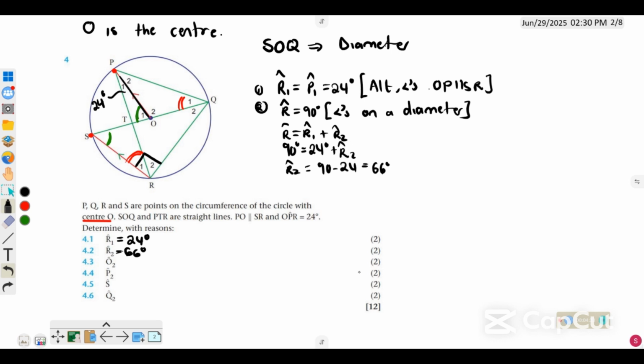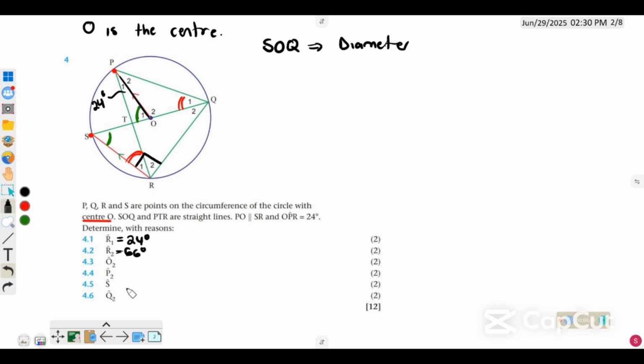Should I write the reasons? No. Let me erase this right here because you have got it. And then let's find angle O2. How are we going to find angle O2? If you look at O2, tracing back with your index finger will give you the following. Angle O2 is this angle right here.